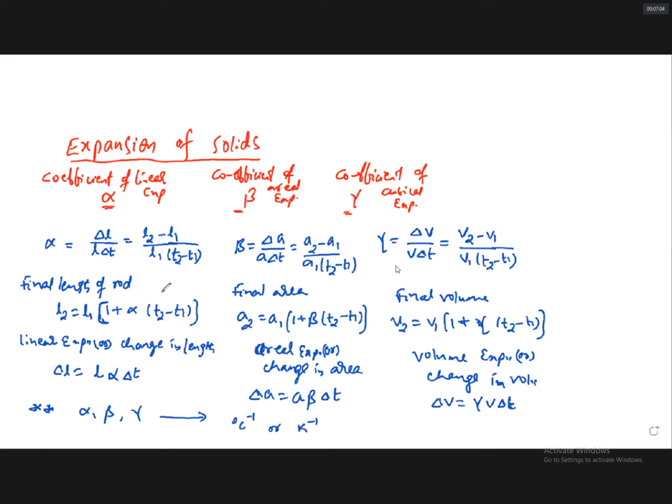If you want to convert to Fahrenheit inverse, the alpha value measured in per degree Celsius is greater than the alpha value measured in per degree Fahrenheit. If we convert the alpha value given in per degree Celsius into per degree Fahrenheit, we get a lesser value.